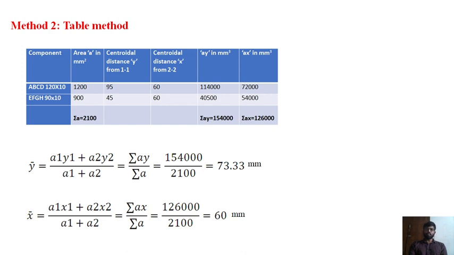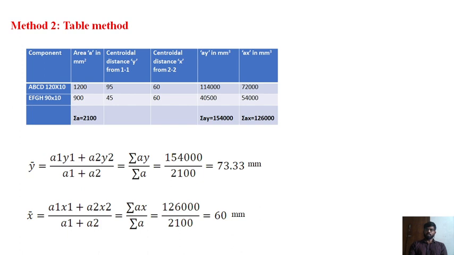In the component column, the first component means the first rectangle ABCD. The area of the first rectangle is 120 into 10, that is equal to 1200 mm square. The second component is EFGH, 90 into 10, that is 900 mm square.